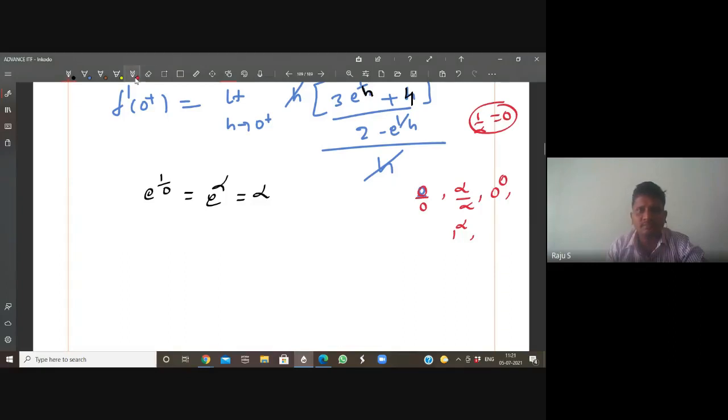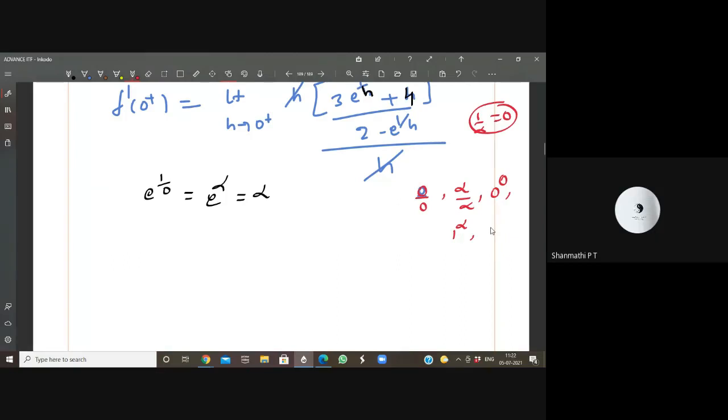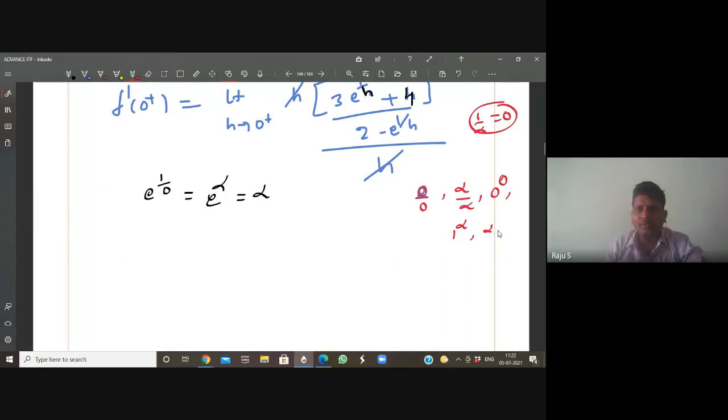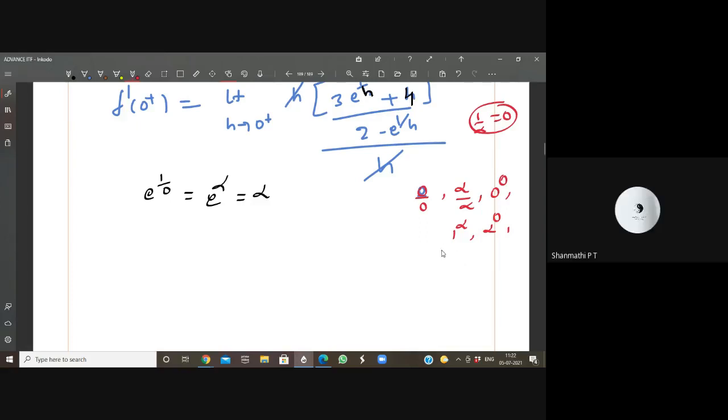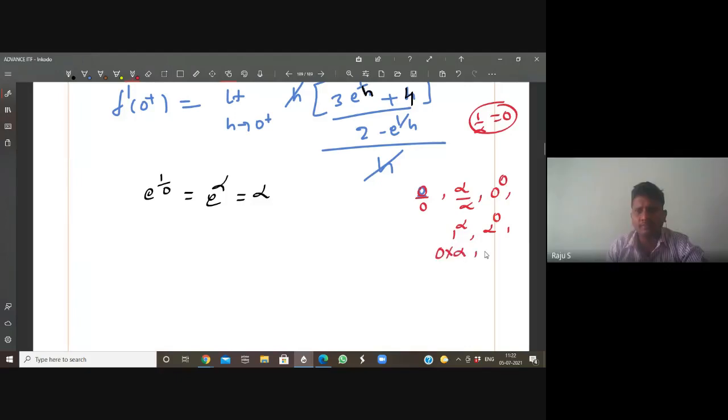There are 2 more undefined values. Infinity power 0, we can consider as undefined also. Then 0 into infinity. Last one, infinity minus infinity. We have written 6 till now, and one more undefined value is there.